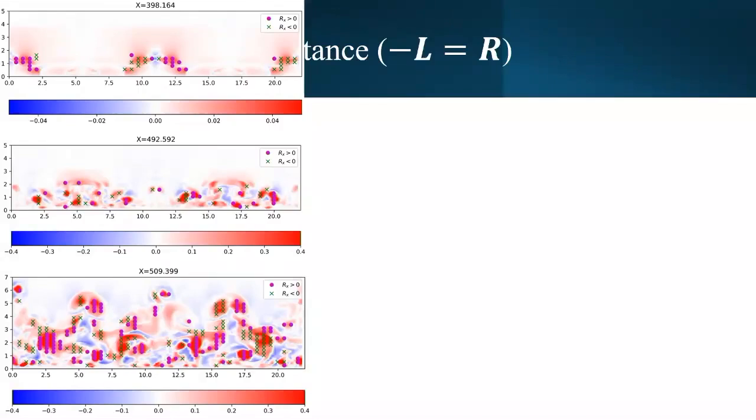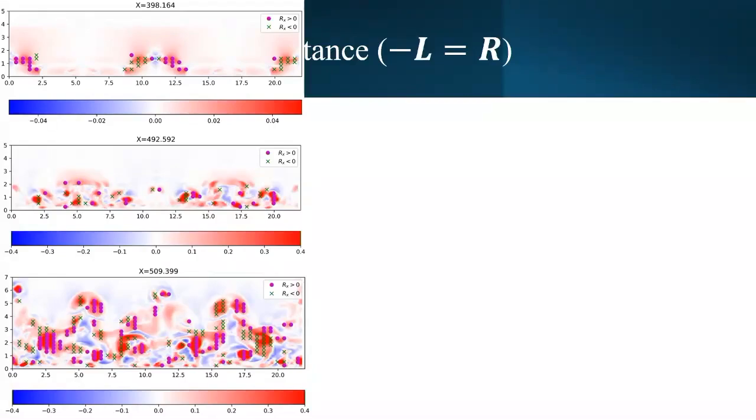Positive values are marked in red, negative values are in blue, and we can see we have some vortices here, and some resistance here in the middle. As x increases, the situation becomes more and more complicated. It looks more like turbulence.